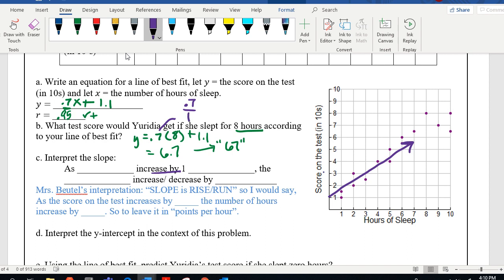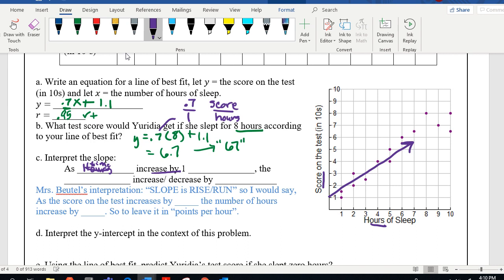So look at this. This is the score, and this is the hours. So this is score over hours. Well, I can't go a score of up 1. So this is as hours are increased by 1, or time of sleep, sorry.